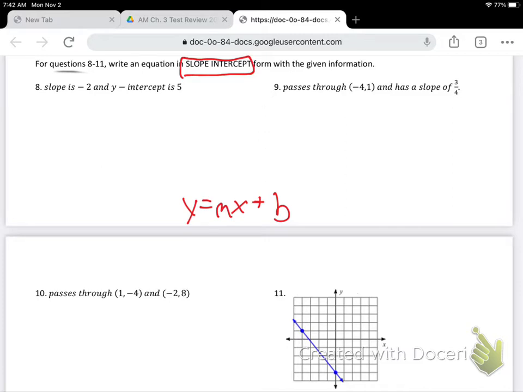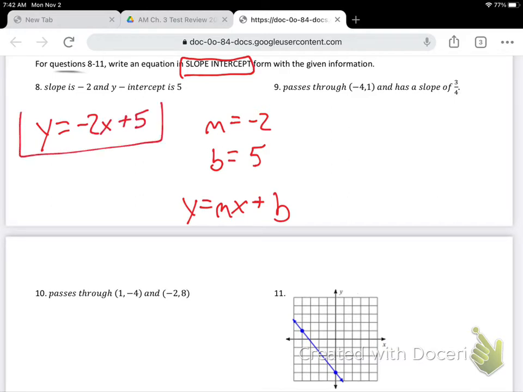You're only looking for the m and the b. So my slope is negative 2, my y-intercept is 5. So I can write this equation out as y equals negative 2x plus 5. And that's all.